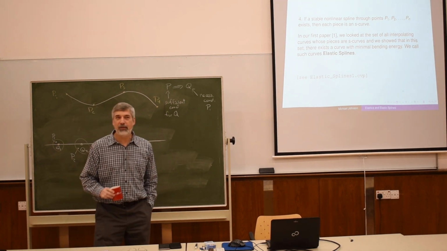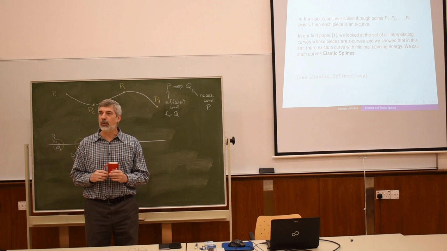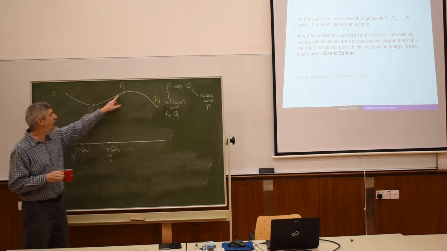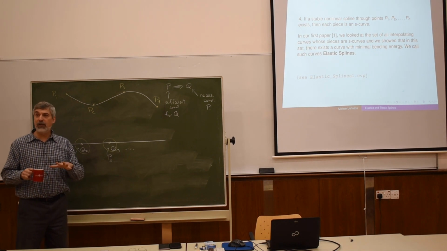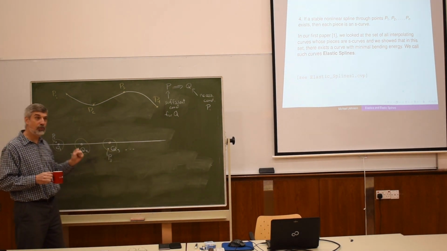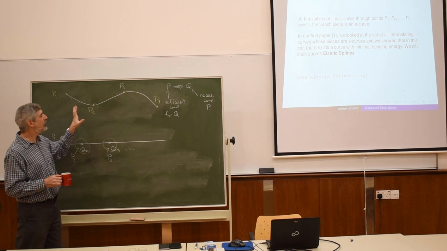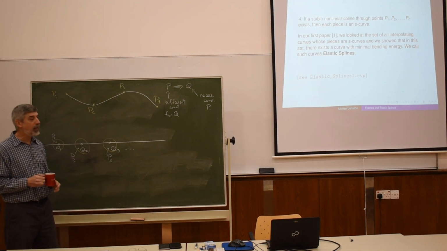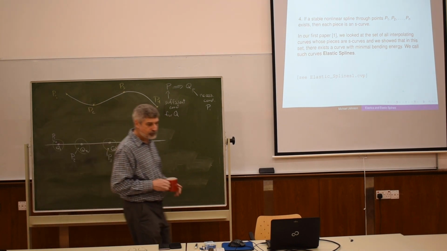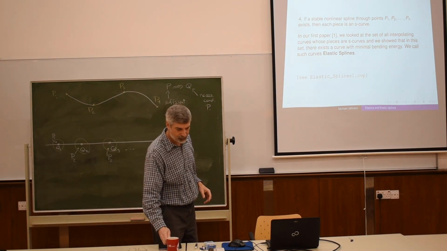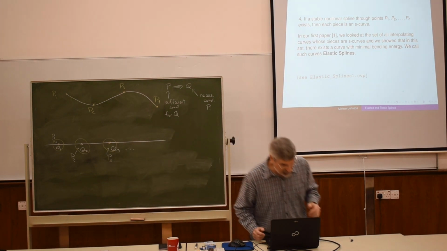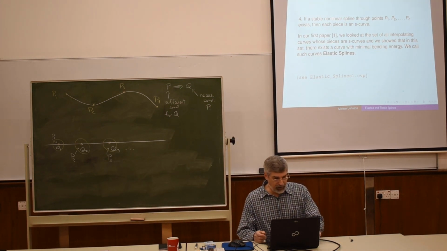So what that meant is that instead of looking at all possible curves that go through these points, we can narrow our focus to interpolating curves where each piece is an S-curve. And then we took up this question again.